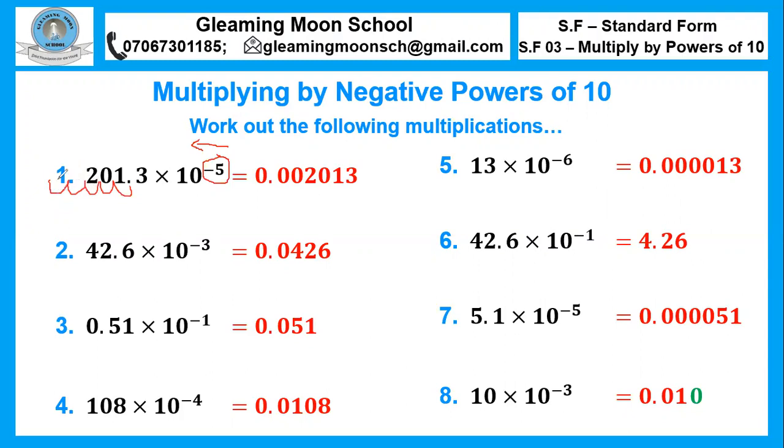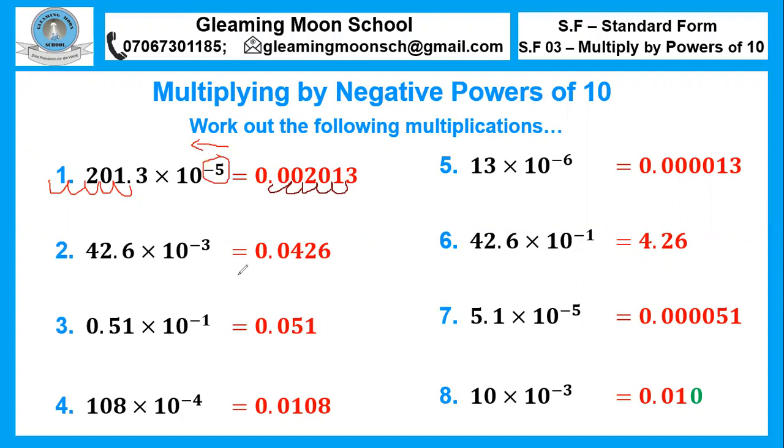That leaves you with 2 places that you need 0s to hold. You can see the decimal point originally is between 1 and 3. If you move it 5 places to the left, you have 1, 2, 3, 4, 5. Can you see where the new decimal point is?